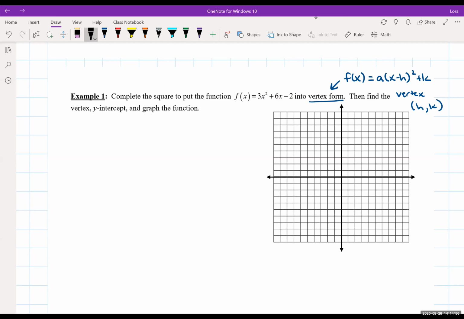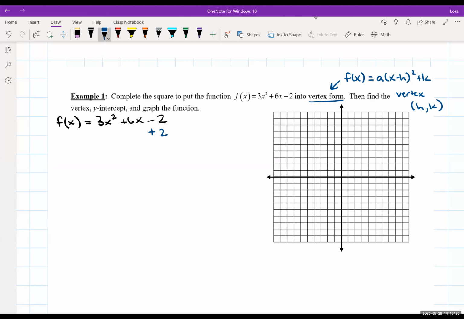So let's look at the first thing when you complete the square. Let me write this over again, just so I have a little more room. f of x equals 3x squared plus 6x minus 2. The first thing I want to do is move the constant to the other side. We add 2 to both sides.